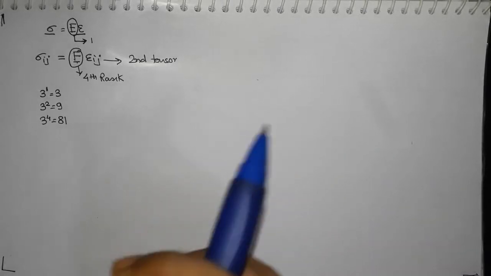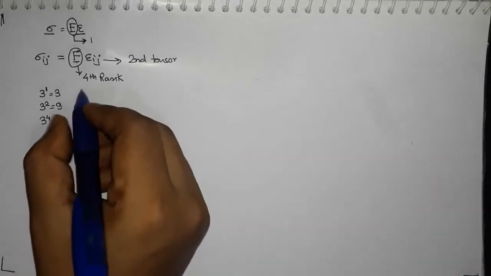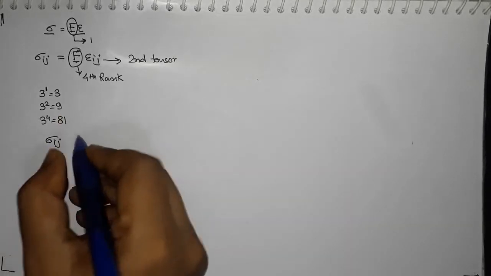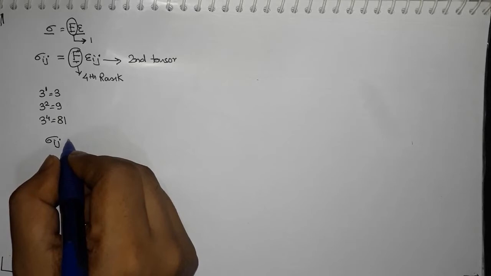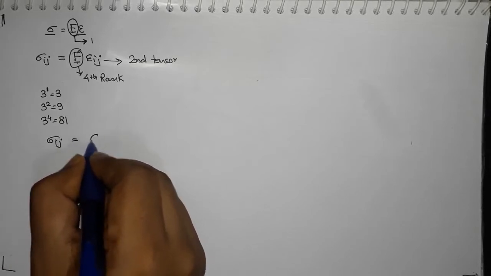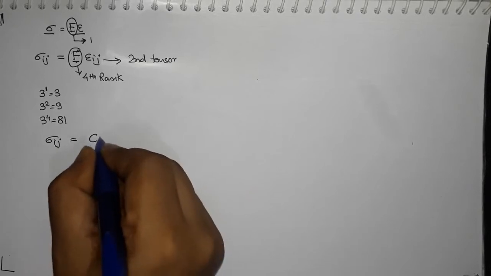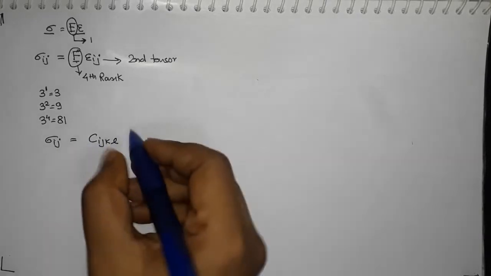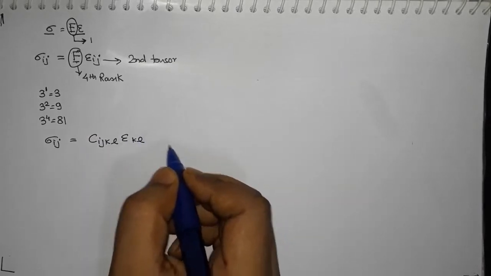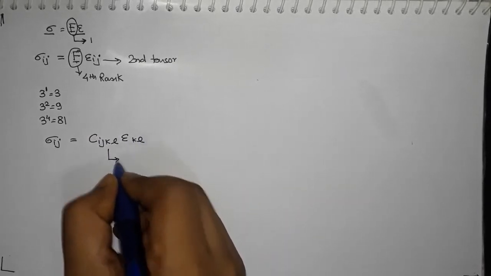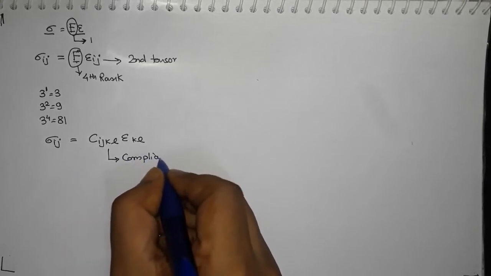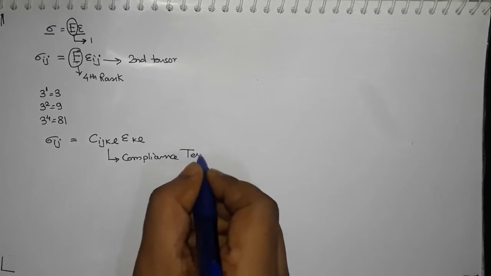Okay. So in tensorial notation, we can write that as sigma ij is equal to C ijkl epsilon kl. Okay, and this is called compliance tensor.